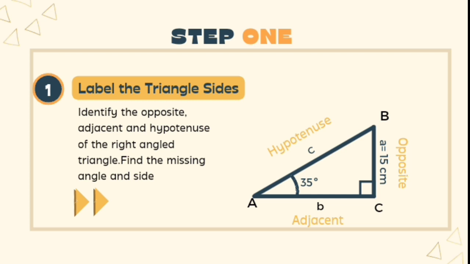In the triangle sides, we have the hypotenuse, which is the longest side, which we label lowercase c, and we have the opposite side, the side across from a given angle, and the adjacent side, which is next to the given angle, which we label lowercase b.